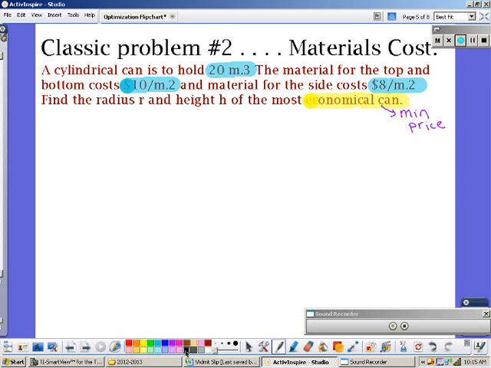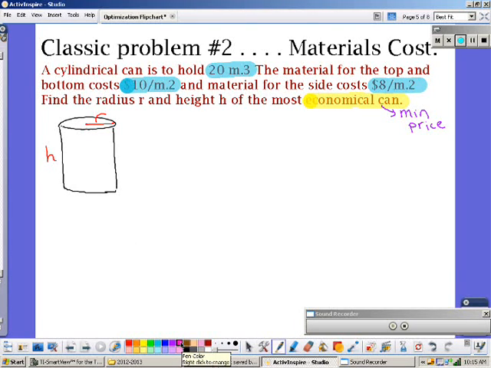Let's start at the beginning by sketching our cylinder, sketching our picture. So on my cylinder, I have a height, I have a radius, and we got to figure out the height and the radius that minimizes our price. Now let's list out our knowns.